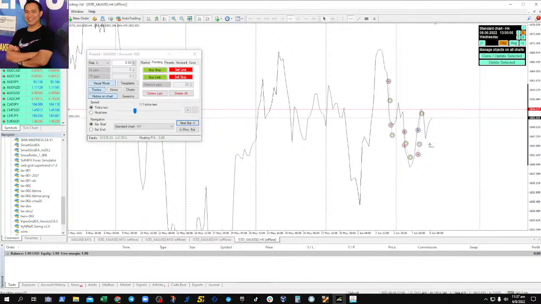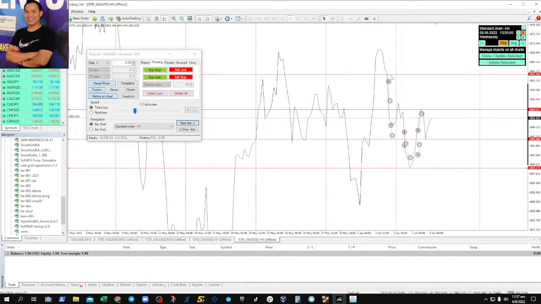Okay, next one is support level over here. Then support level here. Next one should be here. Okay, so this gives us enough zone for the price to play with, and we're gonna clone this to H1.